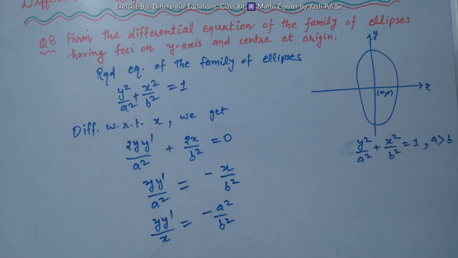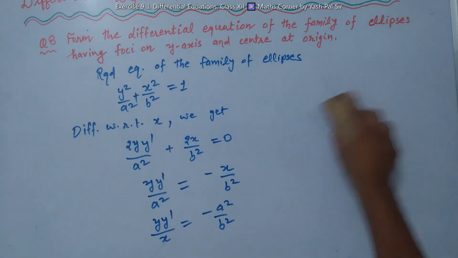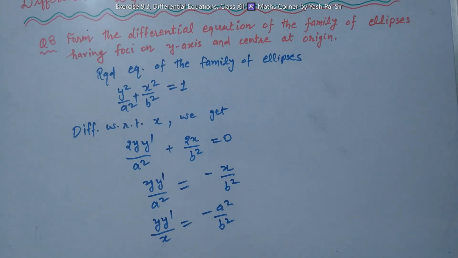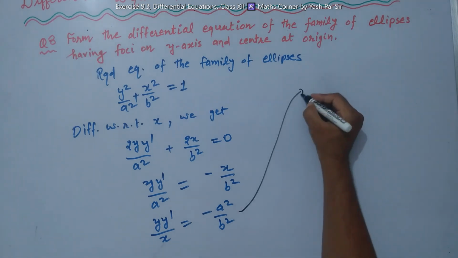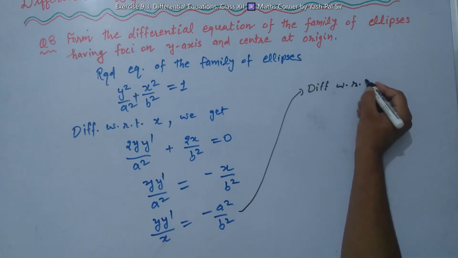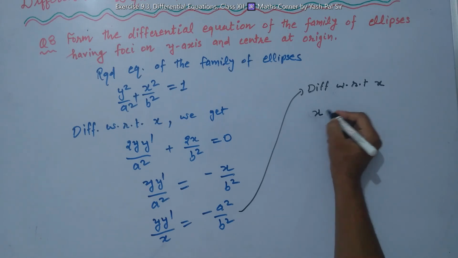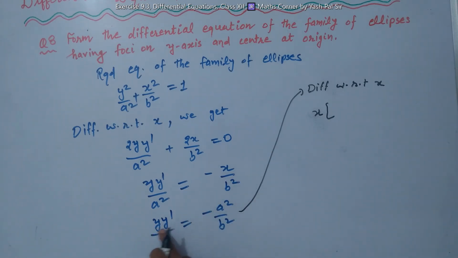So this way, the right hand side is purely constant now. So what we can write, differentiating with respect to x, we get x into, here apply the product rule in the numerator.